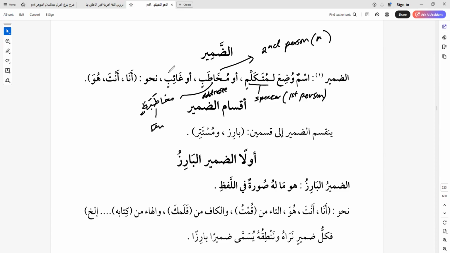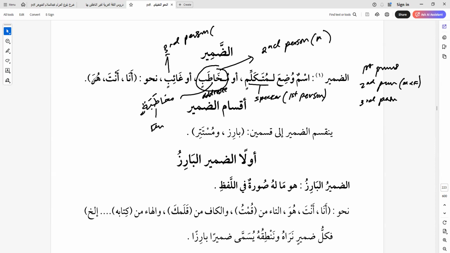Well, أو غائب, the third person, or somebody who is absent, right? So we have first person pronoun, that is the للمتكلم, and then we have second person pronouns, and that is for the مخاطب, and then the مخاطب we can have masculine and feminine. الغائب is a third person pronoun.